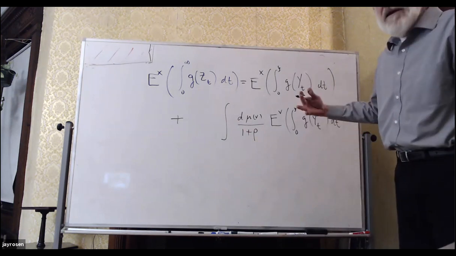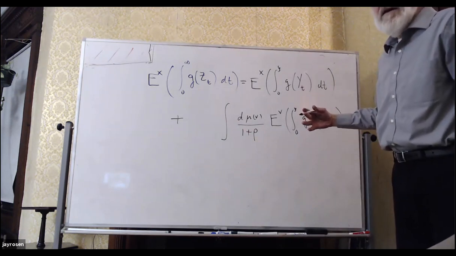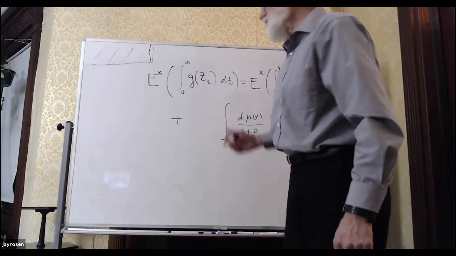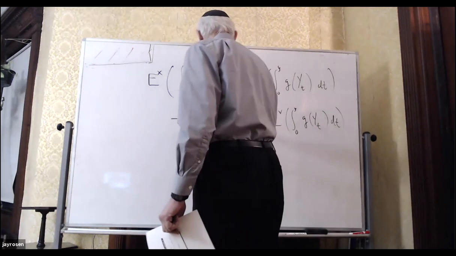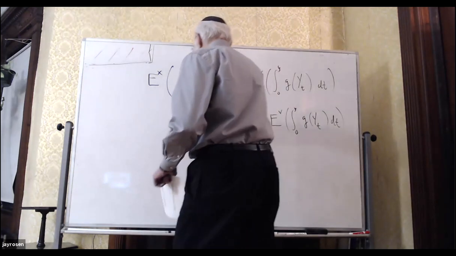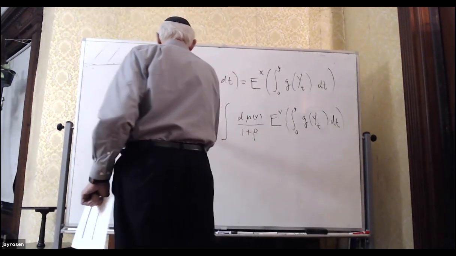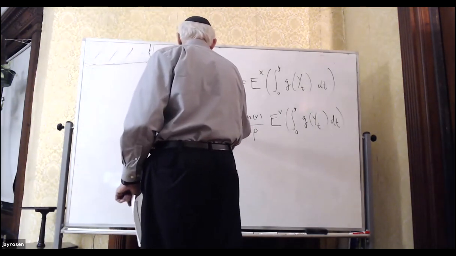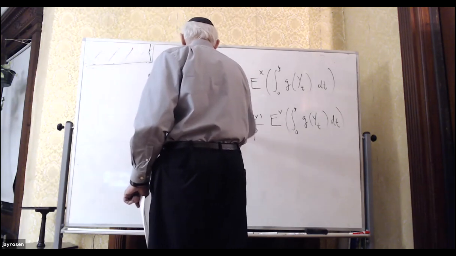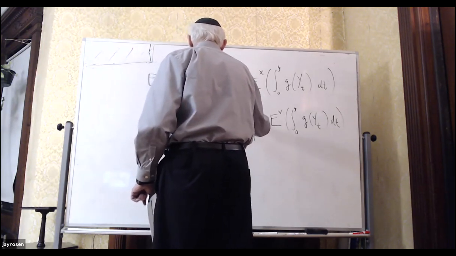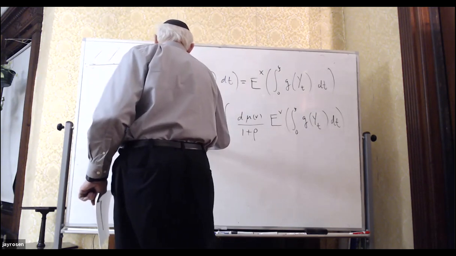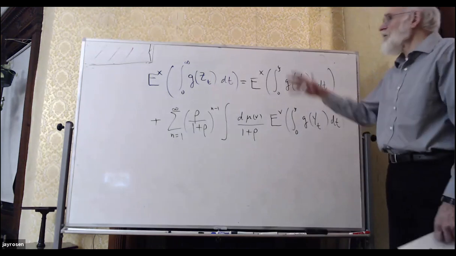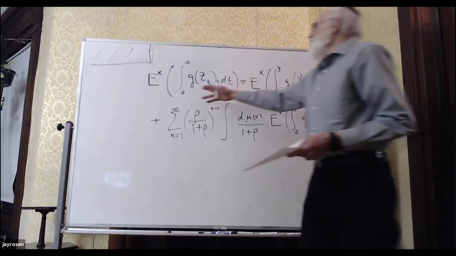Now, as we said before, it only has probability rho over 1 plus rho to get to the second step, so I'm going to add that factor. And you keep on repeating this, with n going from 1 to infinity. This would be an expression for the potential.